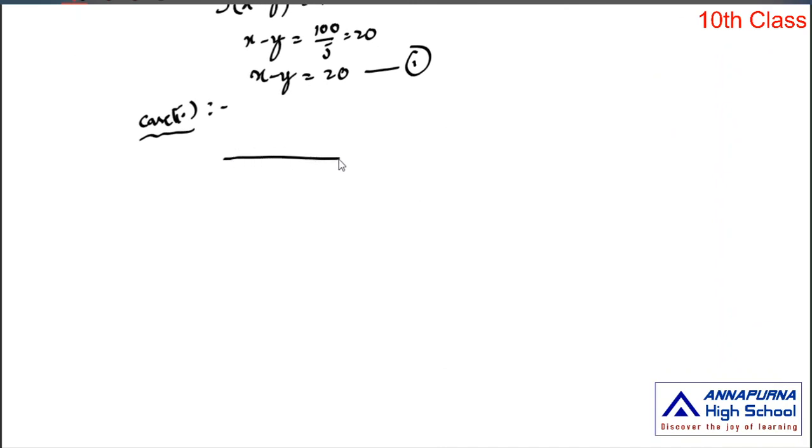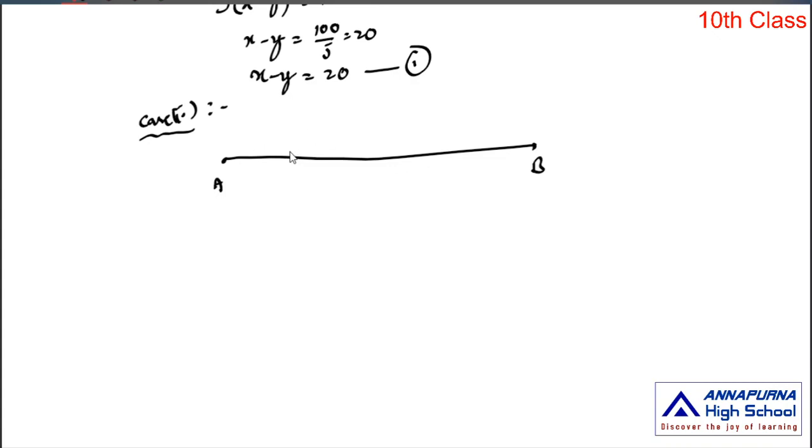Okay, so this is the highway and these are the two places A and B, and one car starts from A and another car starts from B, and these two cars travel towards each other. That means they travel opposite to each other.